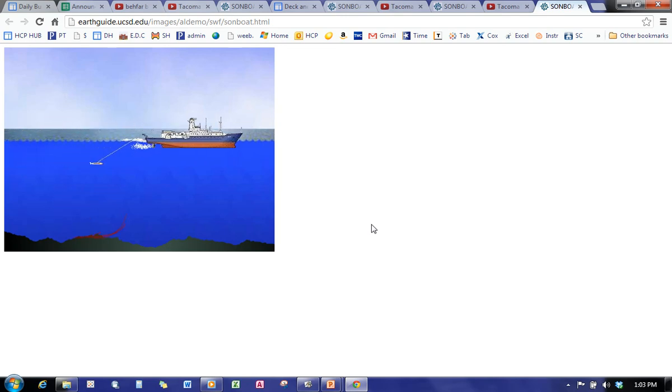Sonar. So here's a real simple animation. We have a sonar buoy being pulled behind. It is producing a sound, and then it's recording when that sound bounces back.